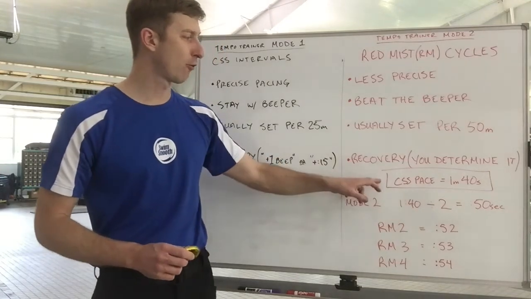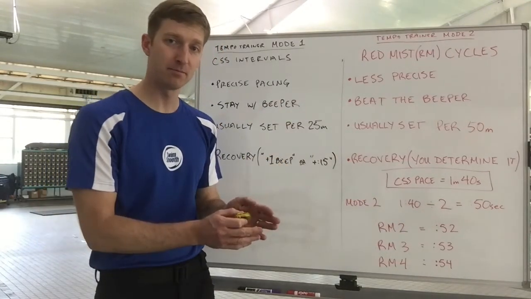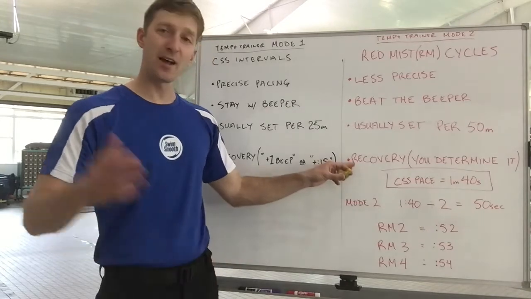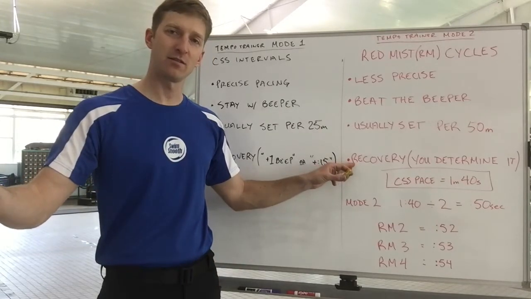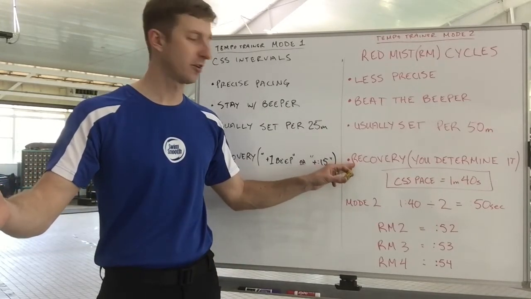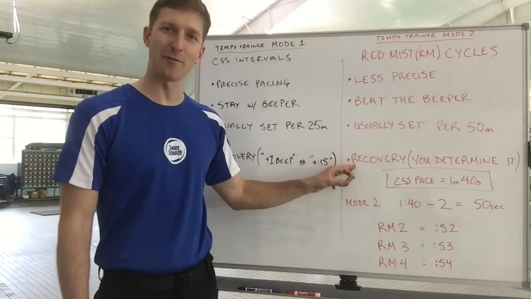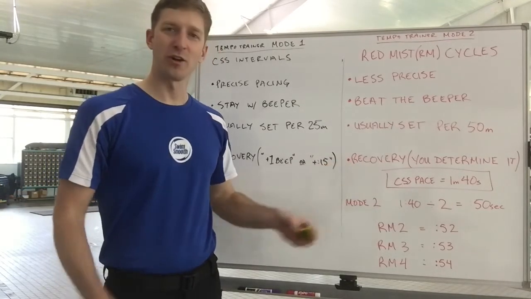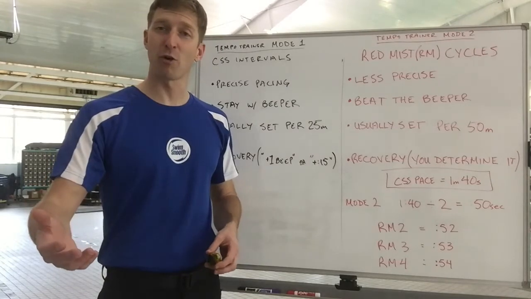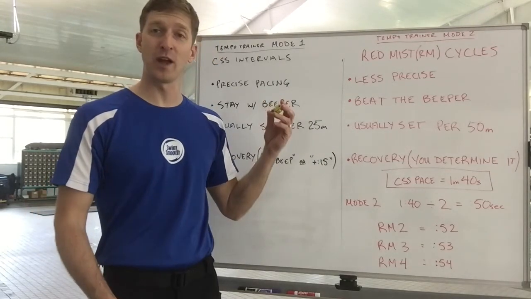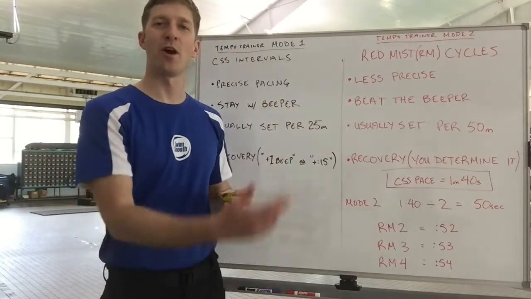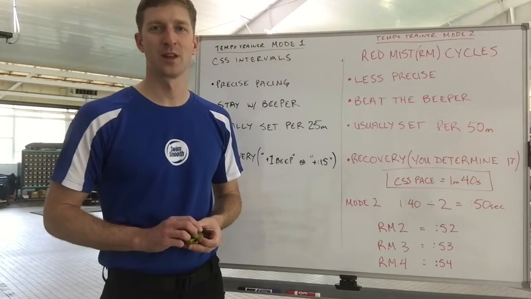At the end of your 400, you simply stop, and the time that you've accumulated getting ahead of the beeper during your 400 now becomes the recovery. So if you're going to go off on another 400 effort, you simply wait until you hear the beeper, and then off you go on the next 400.